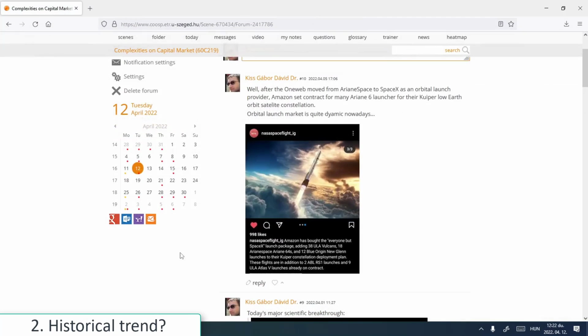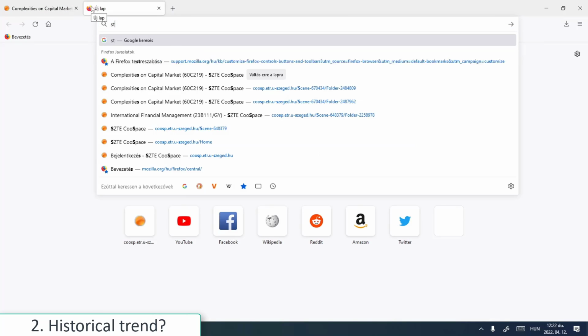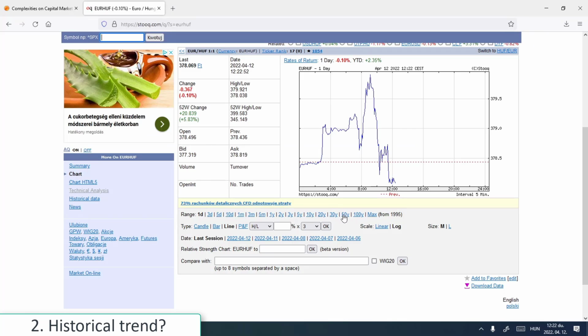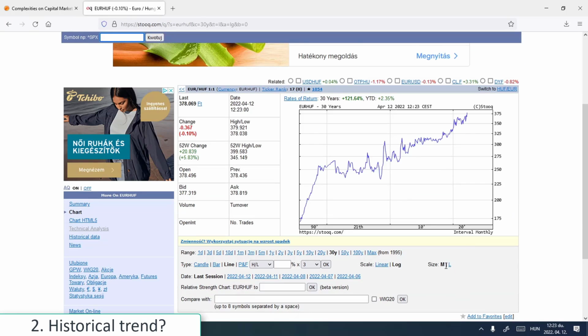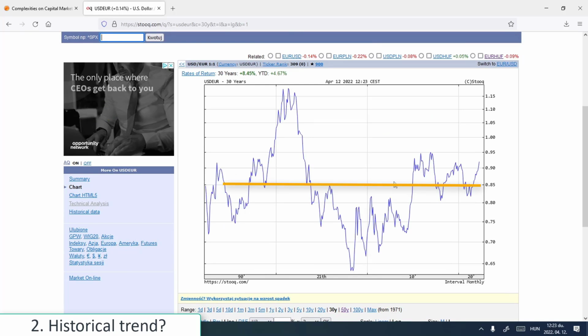So let's look at the data and see if there is any long-term trend. If I'm looking at Hungarian forint versus euro for the last 30 years on this nice Polish website, we can see that it's not appreciating. Even if we fit a linear line on it, which is terrible, we cannot see any trend.